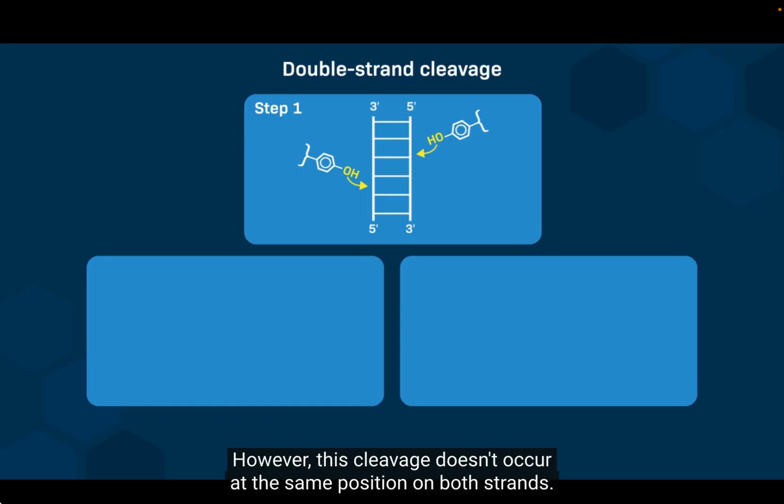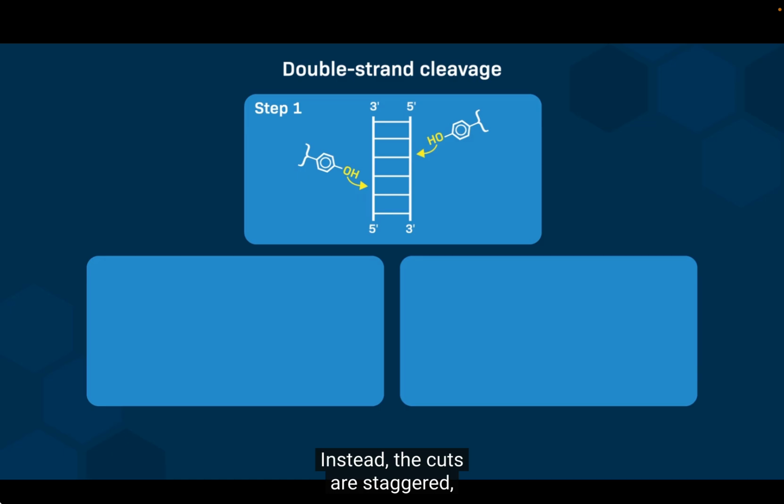However, this cleavage doesn't occur at the same position on both strands. Instead, the cuts are staggered, which affects two different phosphodiester bonds at different points along the DNA. As a result, two phosphotyrosine bonds form, one on each strand.